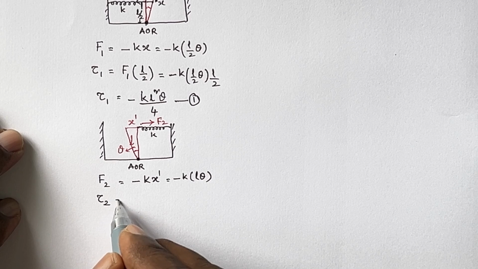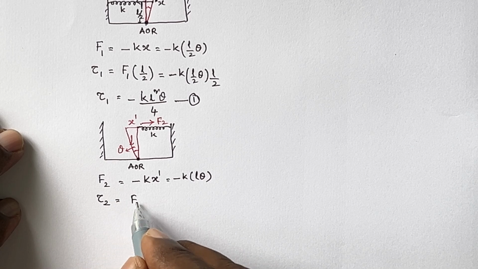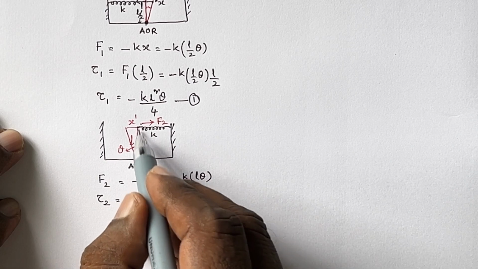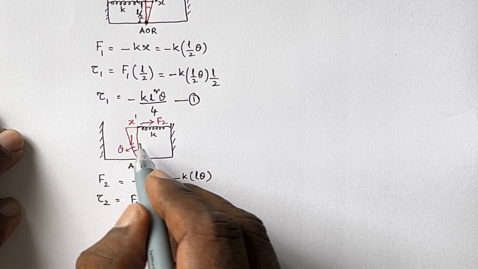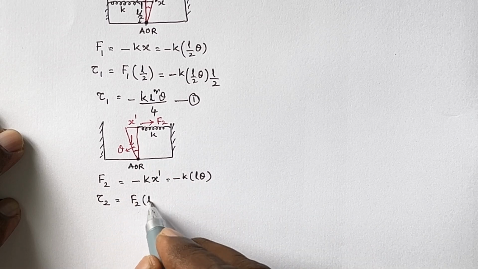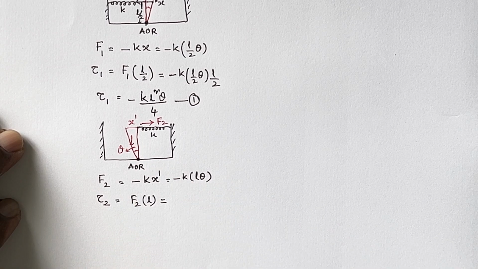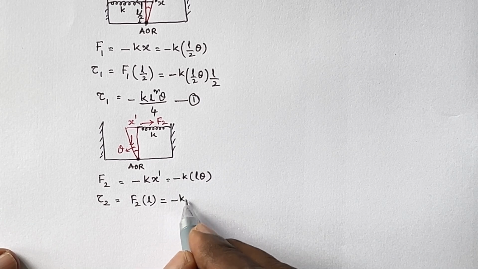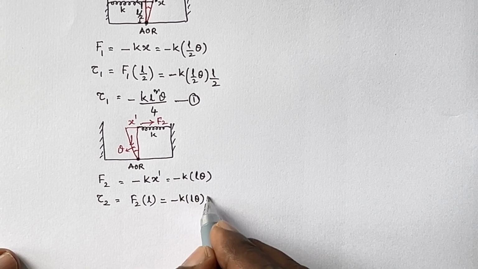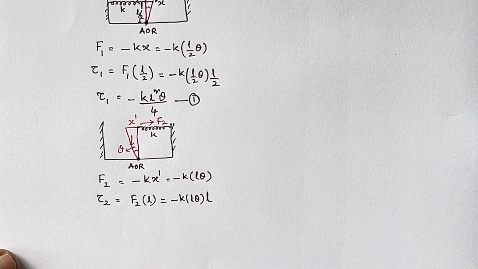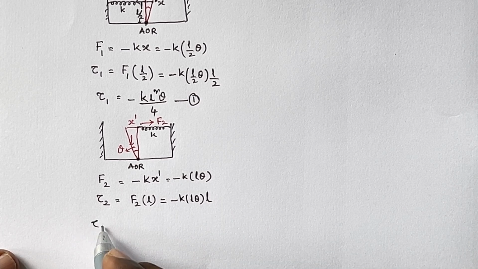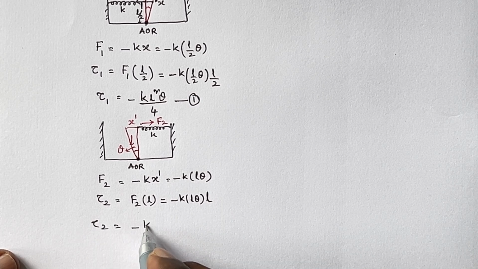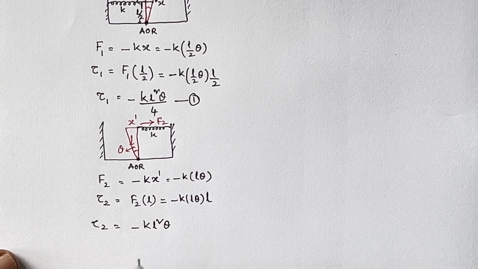Tau 2 is equal to F2 into the perpendicular distance from the axis of rotation, which is L only. So it becomes minus K L theta into L. So tau 2 is equal to minus K L square theta.